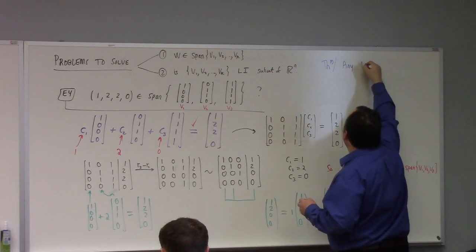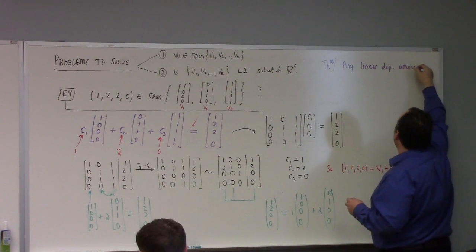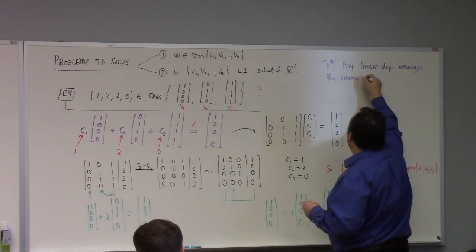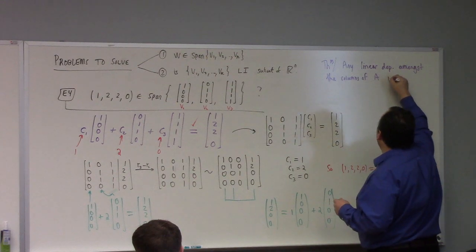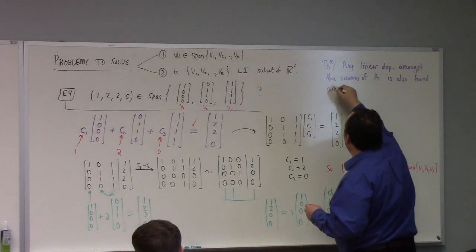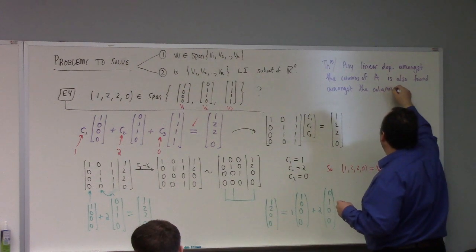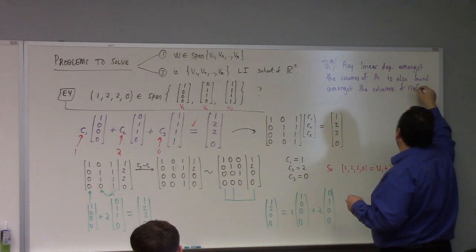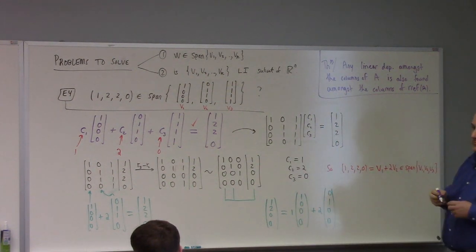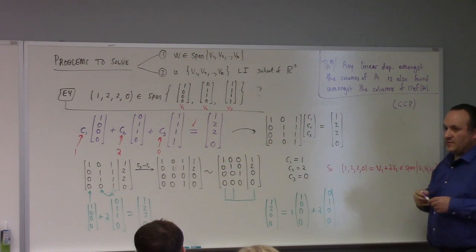Any linear dependence amongst the columns of A is also found amongst the columns of the reduced row echelon form of A. This is what I usually refer to as the CCP, the column correspondence property.